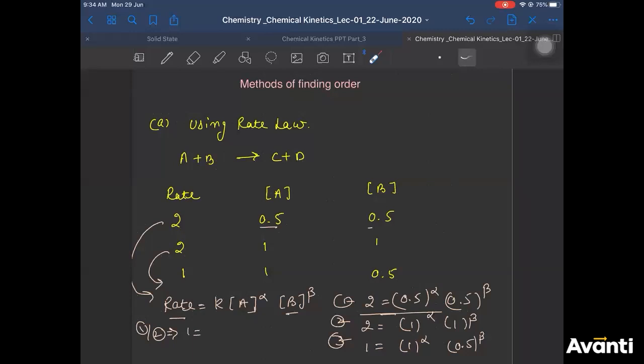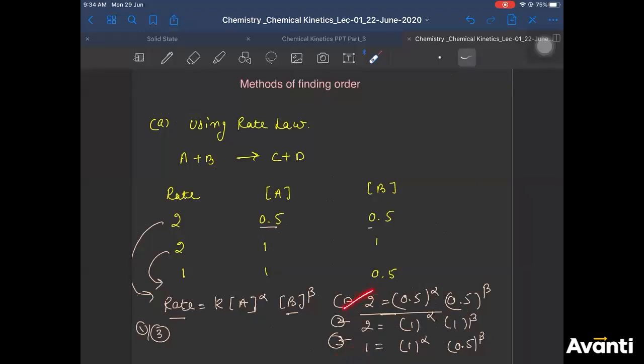Don't divide 1 and 2. You rather divide 1 by 3. So when you divide your equation 1 by equation 3 or 3 by 1, whatever suits you well.